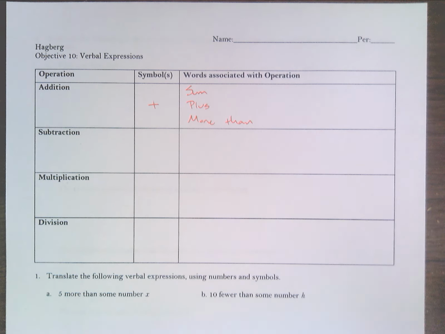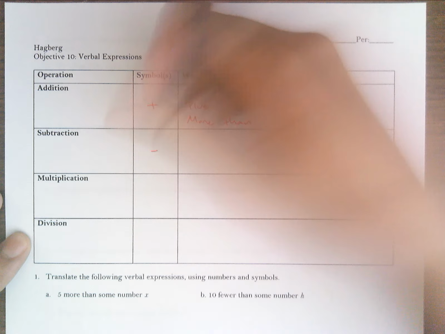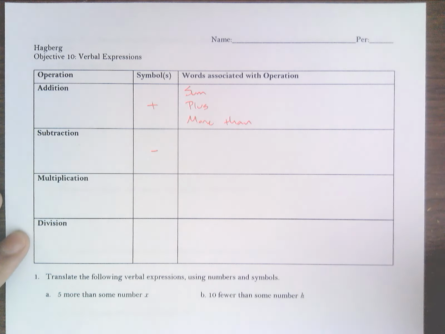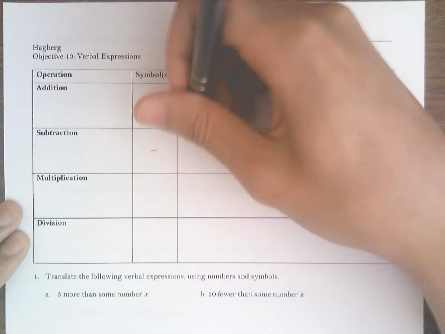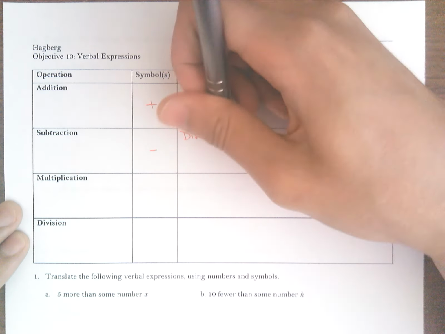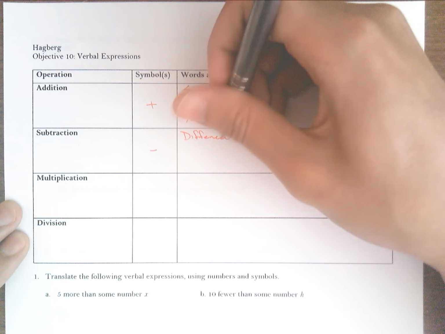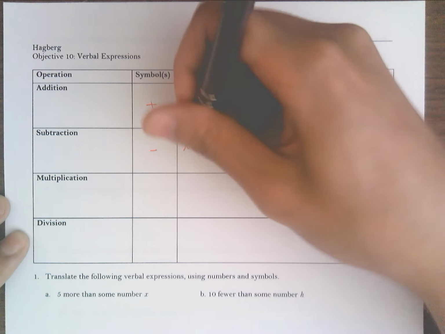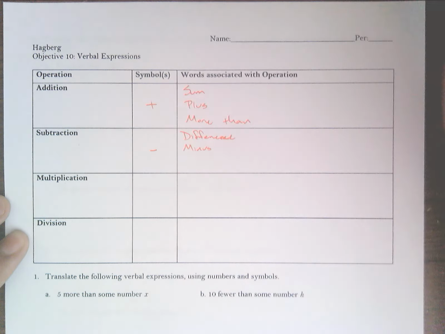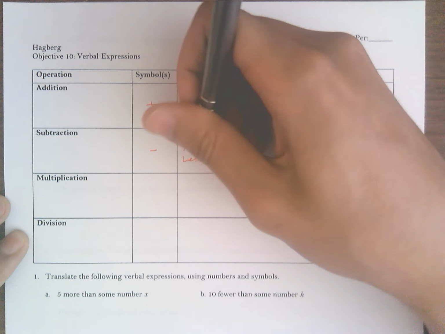For subtraction, the symbol is, of course, minus, that symbol here. Ways that we might see that in a verbal expression are difference. So if we're talking about the difference between two quantities, minus, of course, minus, less than and fewer than.